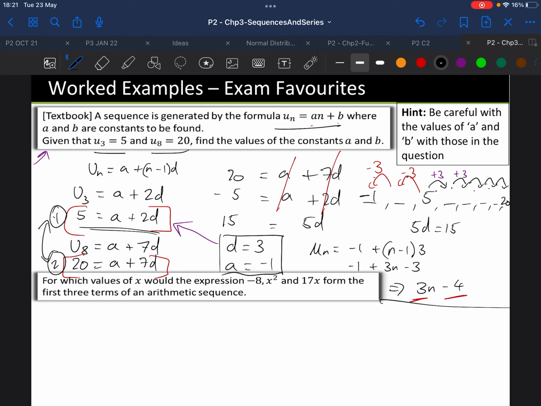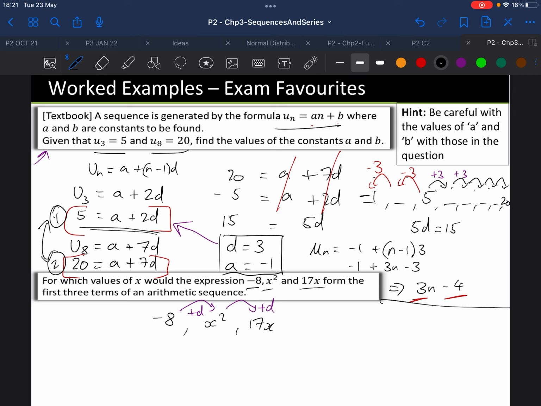The other one here, this is also quite a common one. So we've got minus 8, x squared and 17x, and they are the first three terms. So they look like this. Well, what did we just say? We just said that an arithmetic sequence is when you add some difference to get from one term to the other.